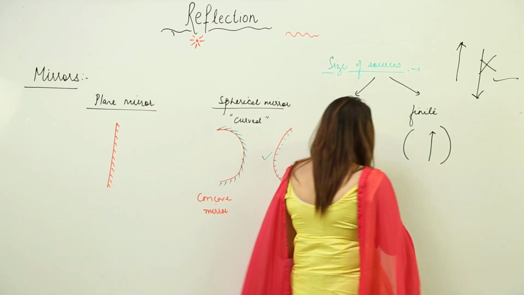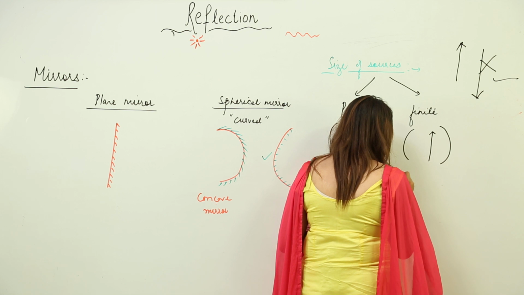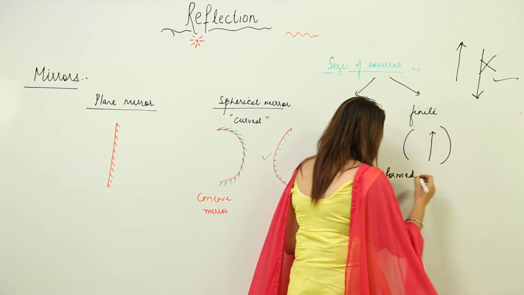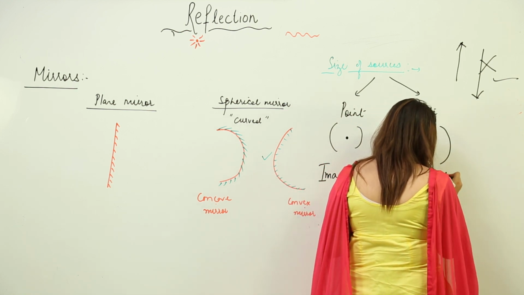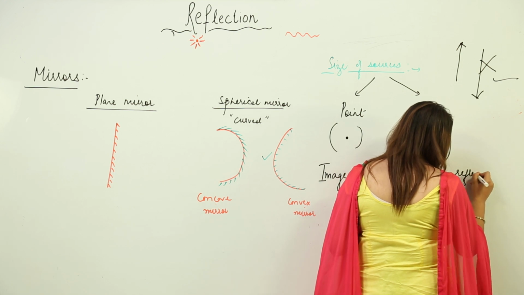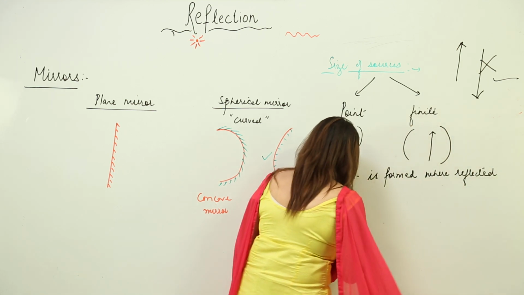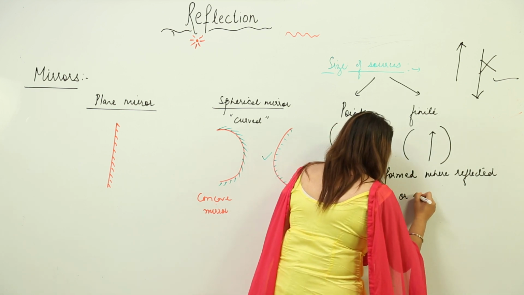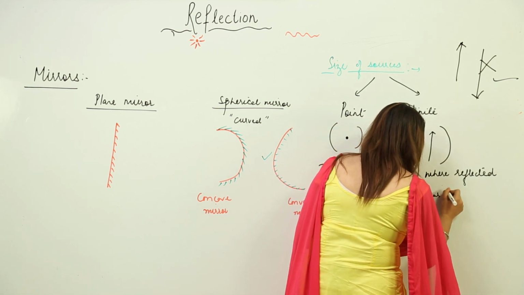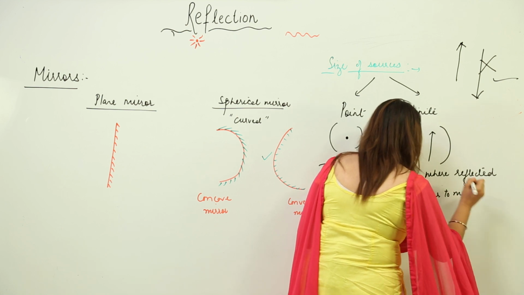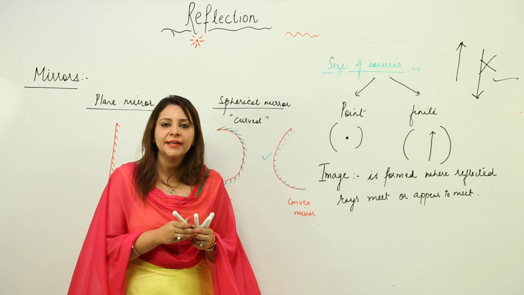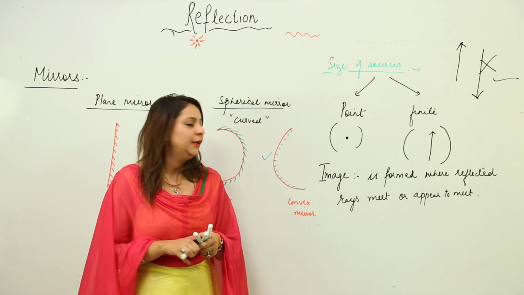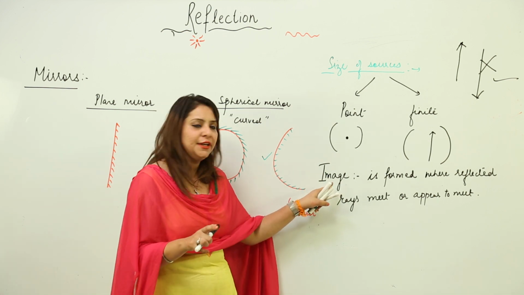See, an image is formed where reflected rays meet or appear to meet. So the point where reflected rays meet or appear to meet is the point where the image is formed.